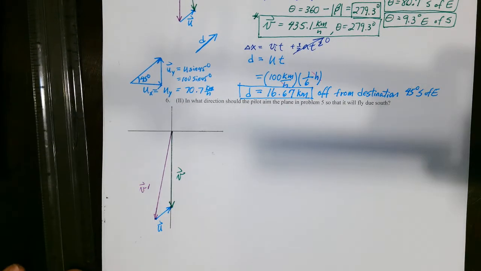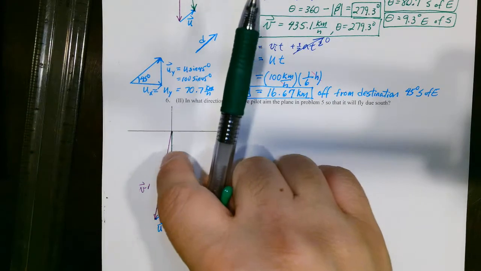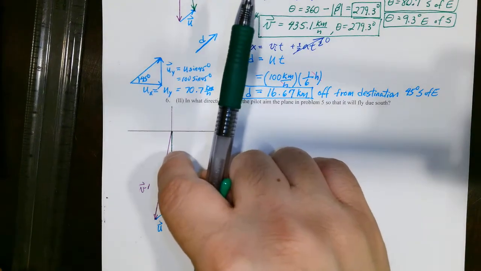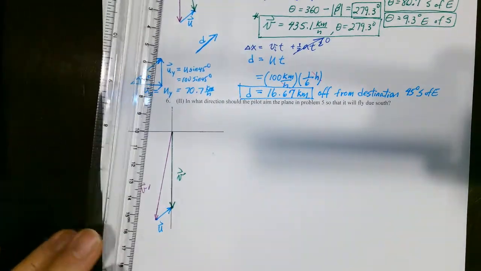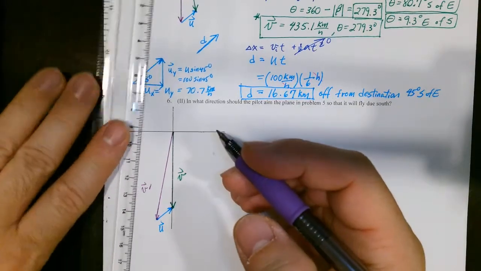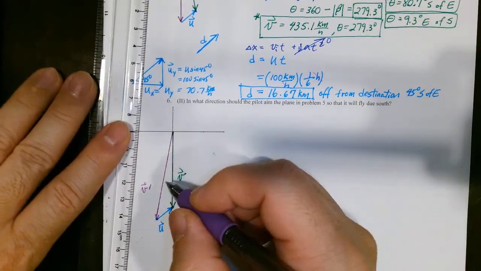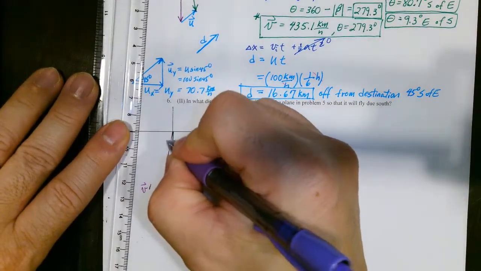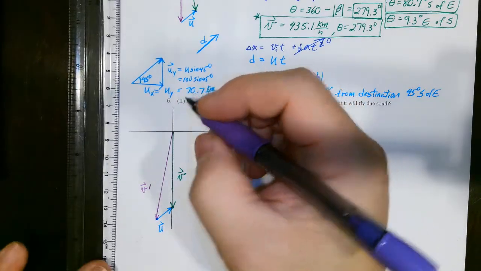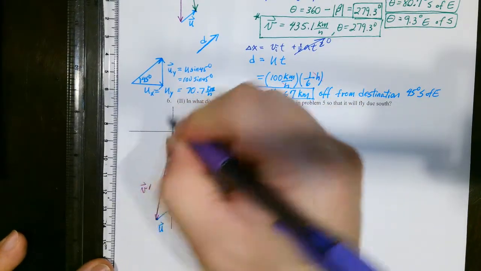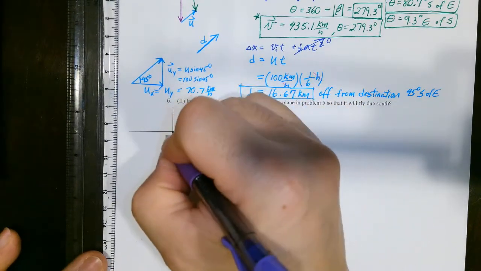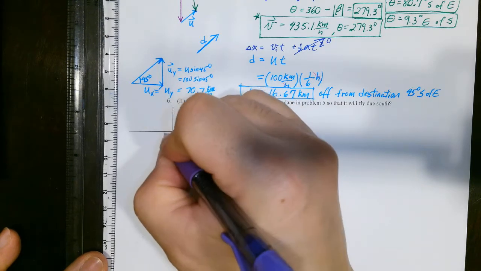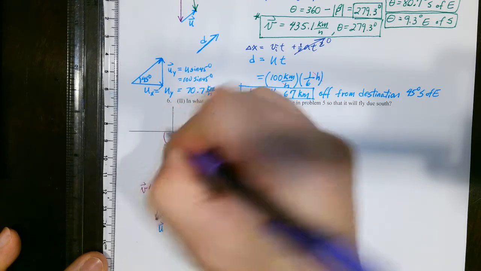So let's figure out what the components of my V prime are. Obviously, we're not going to know the exact value because we don't know what this angle is. We have no idea what this angle is. So we're going to call this angle beta. Our purple beta right here.